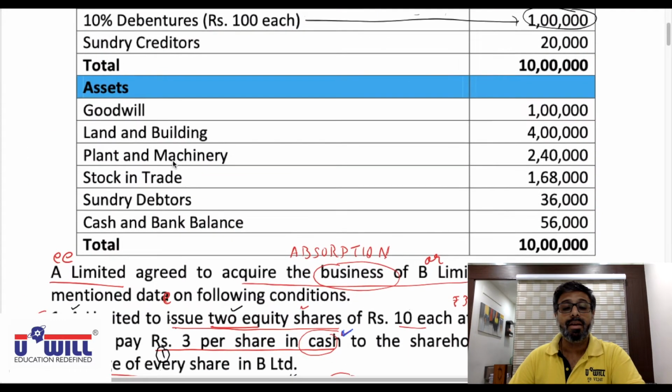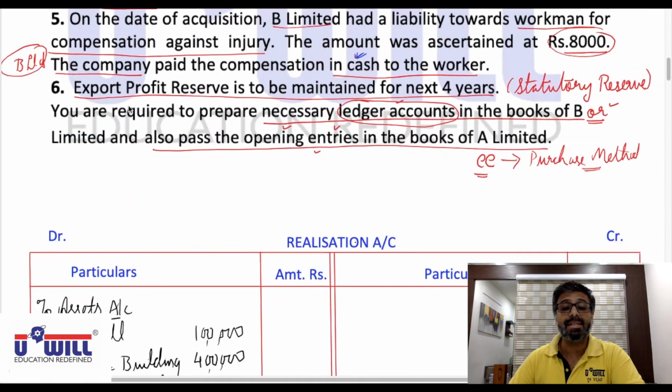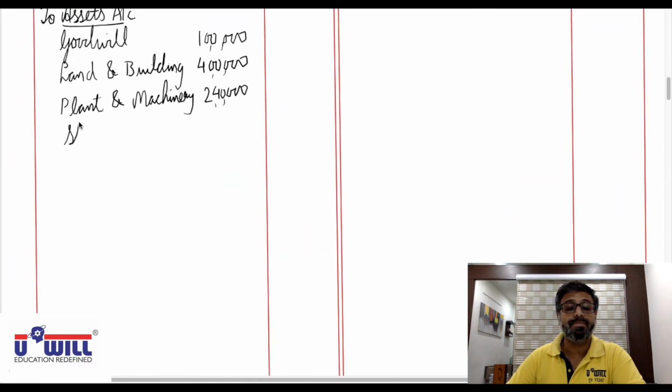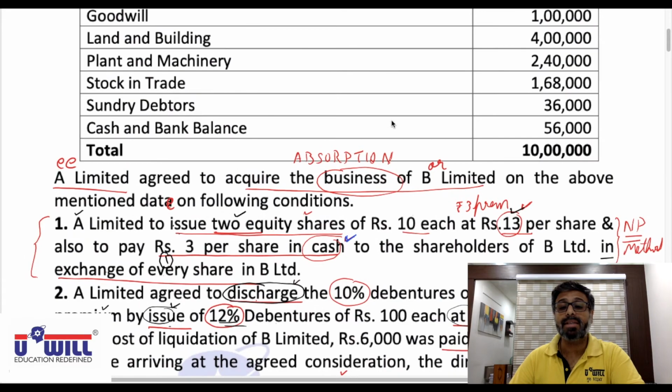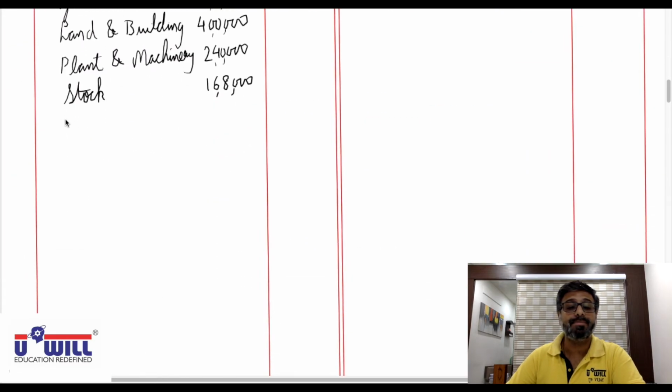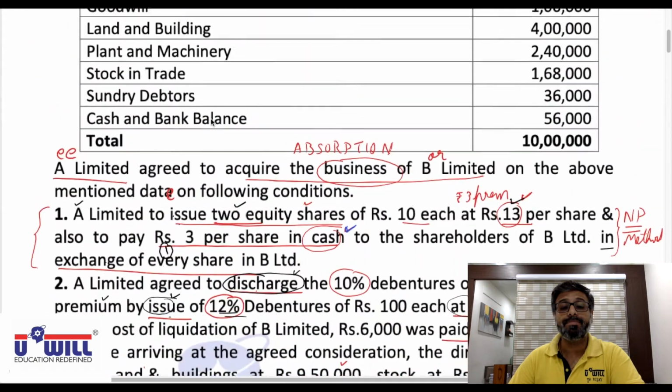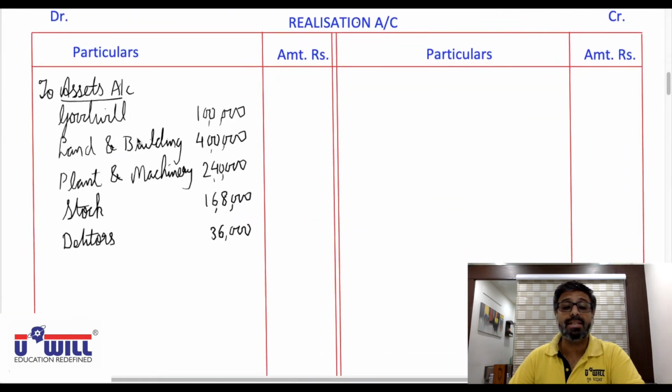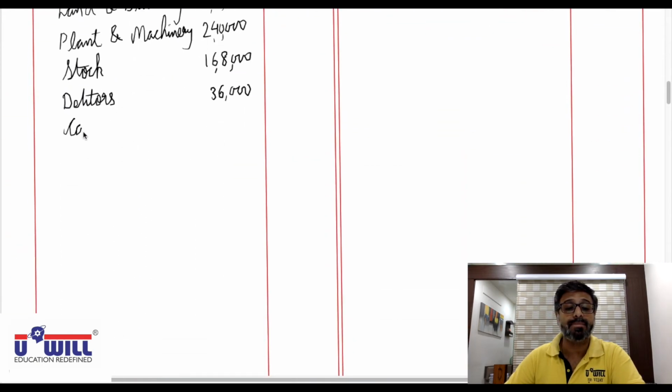Then stock in trade 1,68,000. Then debtors 36,000. Then cash and bank 56,000. Include even cash and bank.